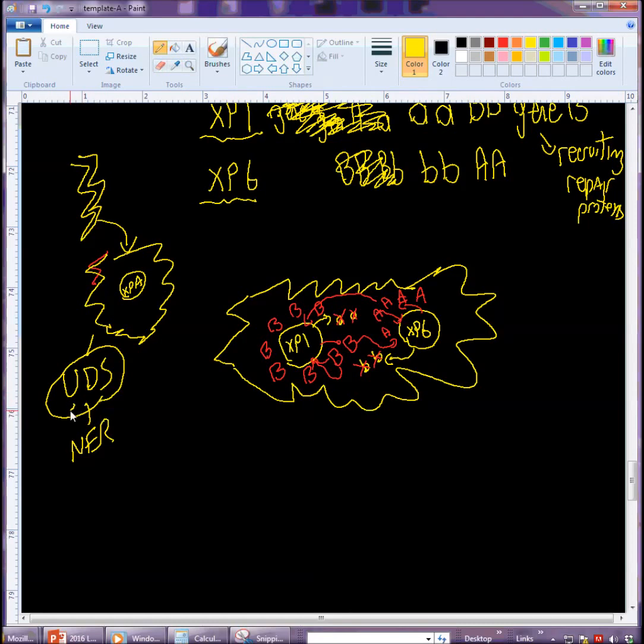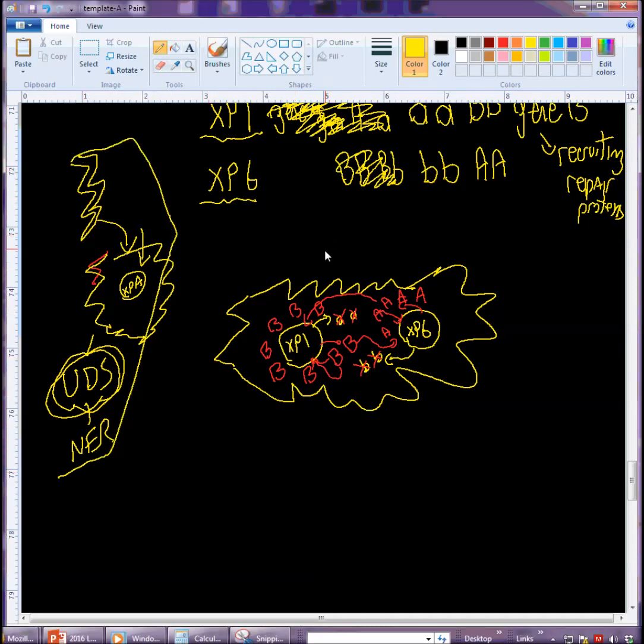And unscheduled means it's a type of DNA repair or synthesis that is not associated with the replication cycle. So it's happening at an unscheduled time. But this XPA cell here is not synthesizing DNA because it's defective in nucleotide excision repair.